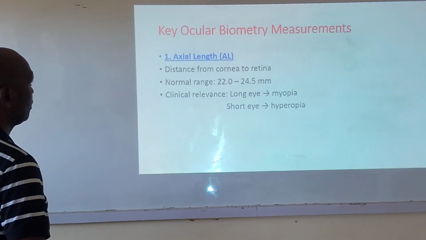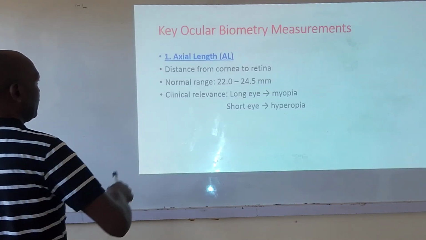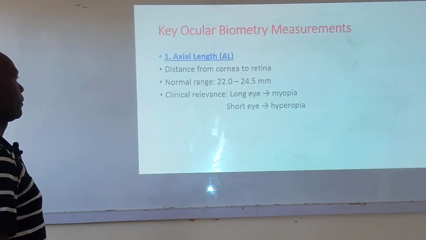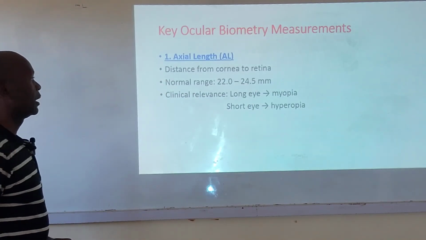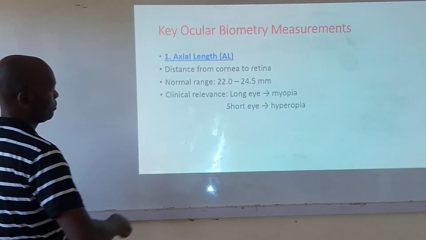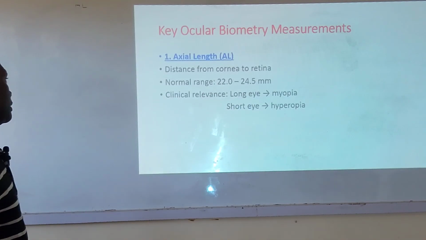What are some of the key ocular biometry measurements? We have talked of the axial length, and that is the distance from the cornea to the retina. And the normal distance is supposed to be 22 to 24.5 millimeters.